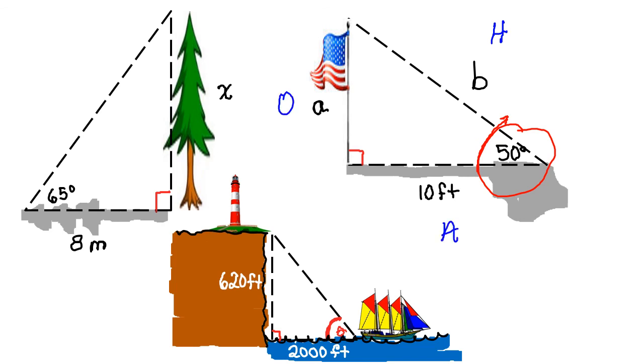See what we have? Oh, look, another O and A. Usually when you're looking for height and you have shadows, you're going to end up using tangent. So we have tangent 50 equals A over 10. And the height of the flagpole is at 11.92 feet tall. Just about 12 feet tall. Nice and regal.